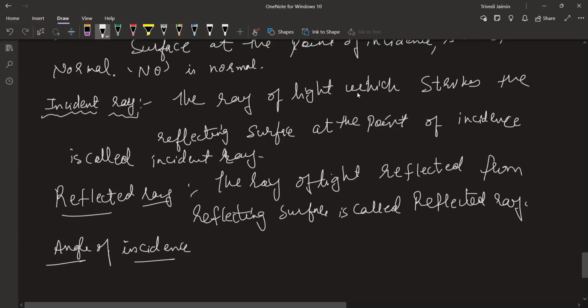The angle of the ray of light that strikes the reflecting surface. How will you measure the angle? From where are you measuring the angle? From the normal. That thing you should mention. Then your answer is complete. Very good. Thank you, sir.